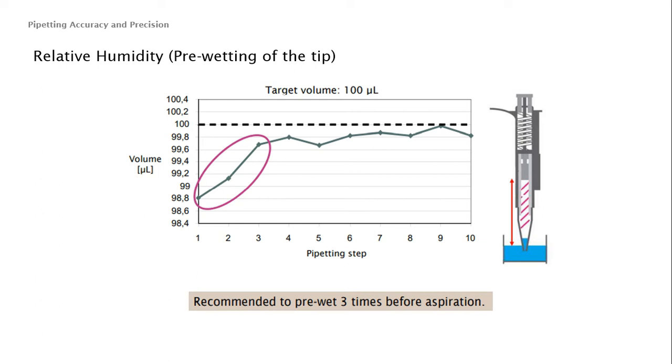Let's say you want to pipette and the air inside the air cushion is not yet saturated by moisture, meaning there is a low relative humidity inside your air cushion. The tendency is that once you aspirate a liquid, the liquid inside the air cushion will tend to evaporate and go upward.